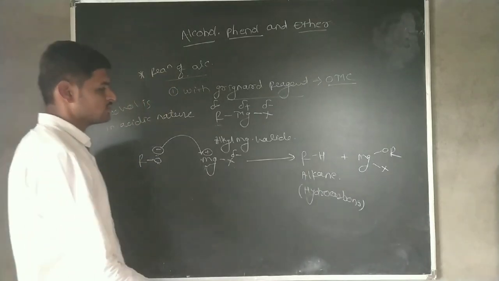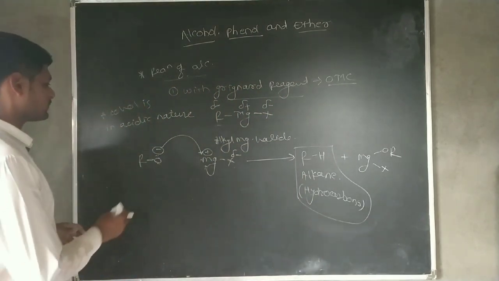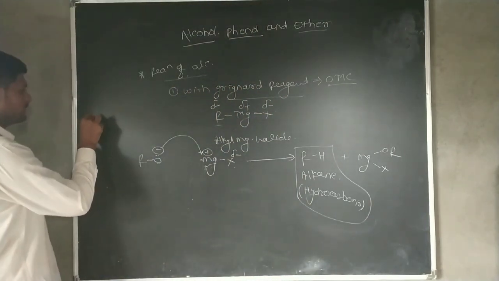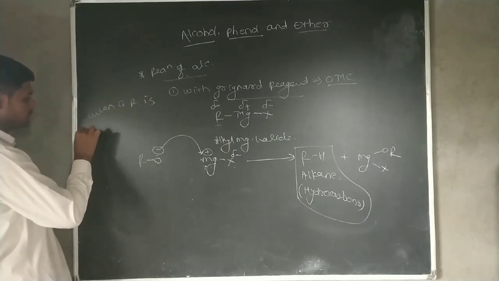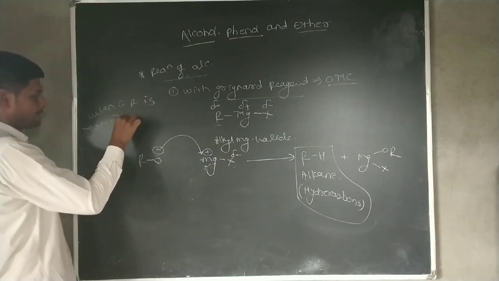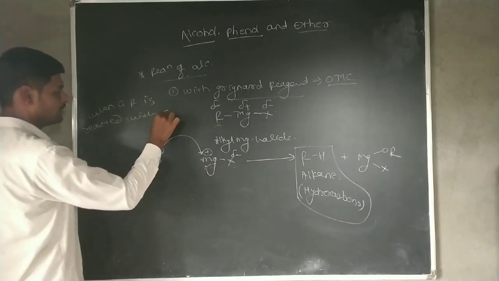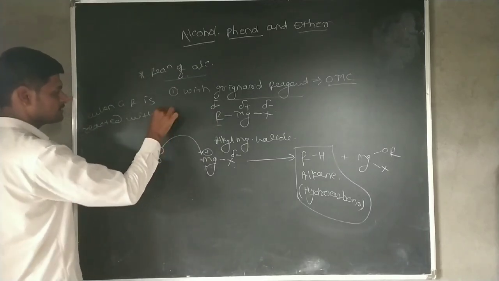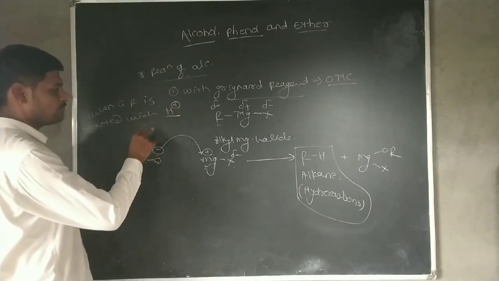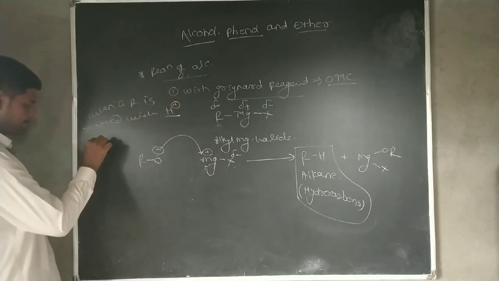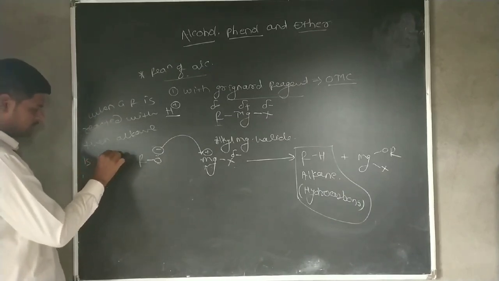The most important point is that when Grignard reagent is reacted with acidic hydrogen, that means a compound which contains H plus ion or donates the H plus ion, then alkane is formed.